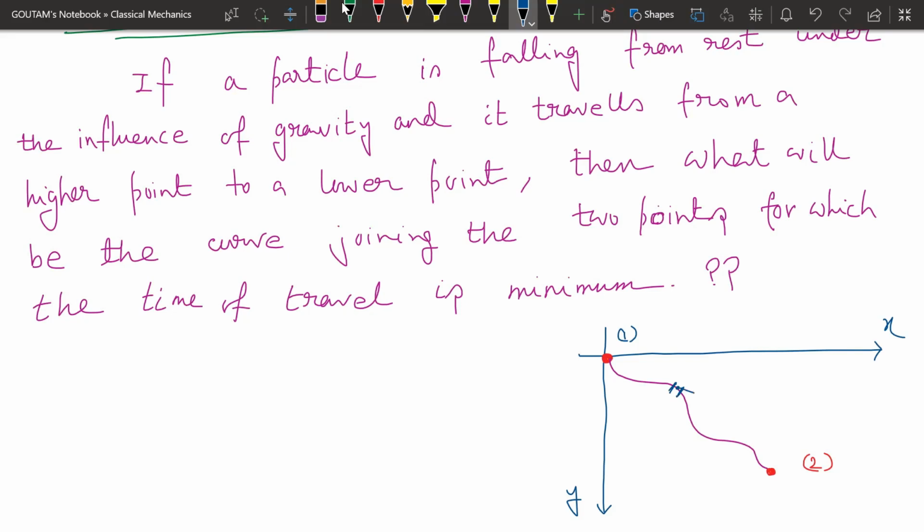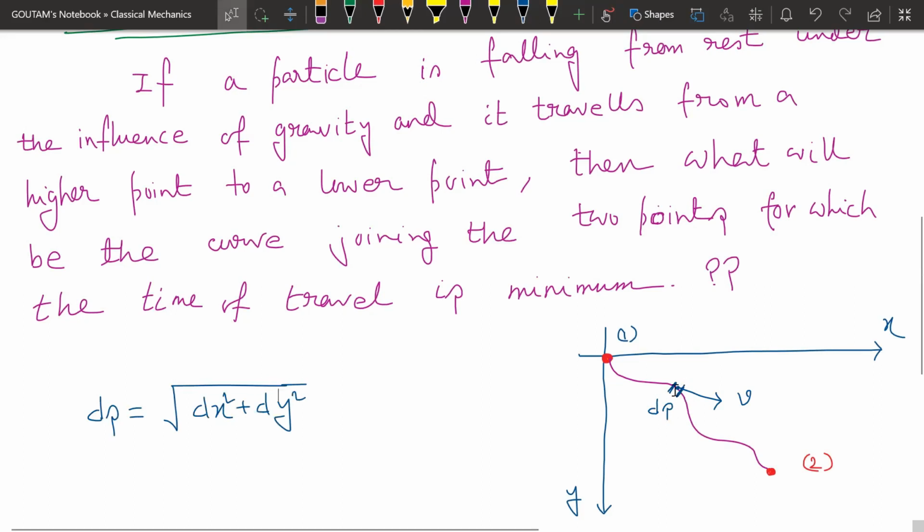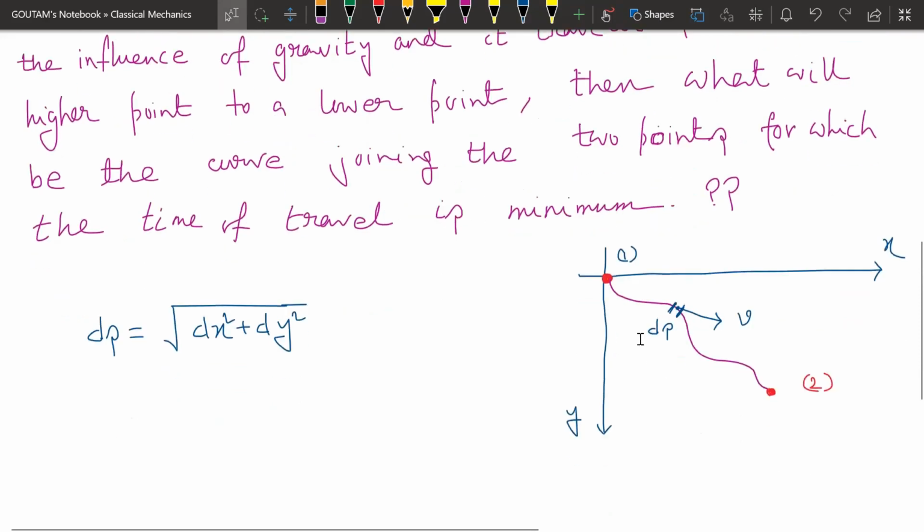Here the velocity of the particle is given by v, and this infinitesimal distance is given by ds. So what is ds? ds is root under dx square plus dy square at this point.